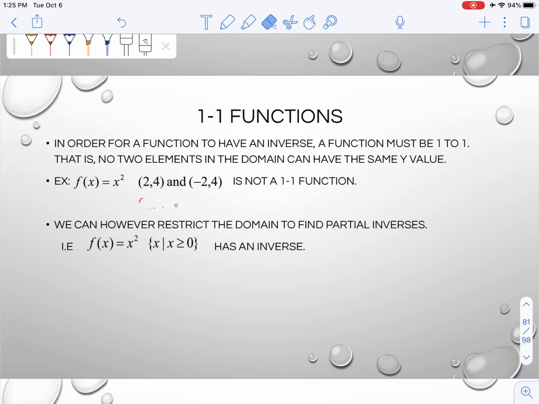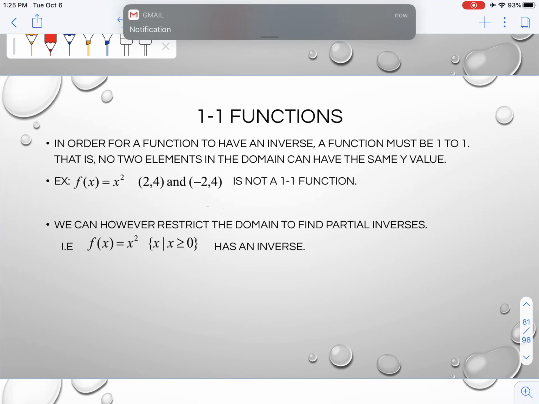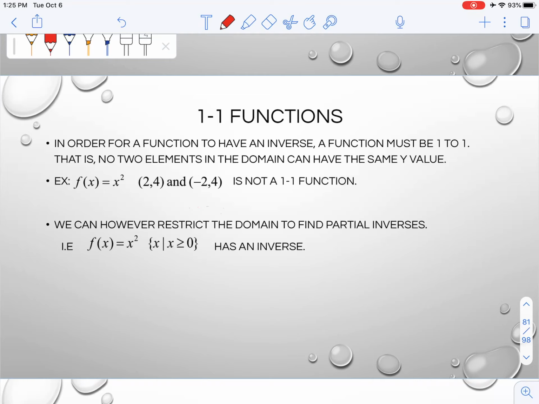So for something to end up being an inverse, or have a complete inverse, it needs to be a one-to-one function. So what we would have to do for a function like f of x equals x squared is restrict the domain, in this case to all the x values such that x is greater than or equal to 0. Because now, if I think about that graph that I had before, here was my y equals x squared.